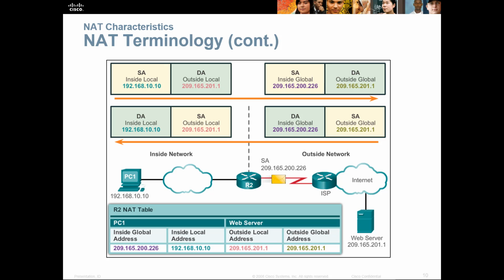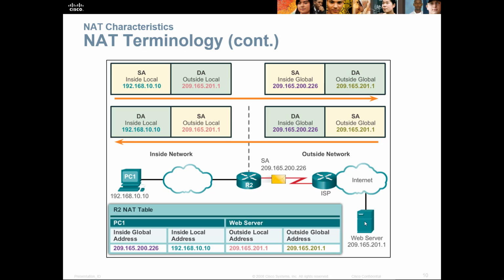However, from the outside, our inside global looks like 209.165.226, because that is our outside interface. That's the mask address. That's what we're hiding everything behind.